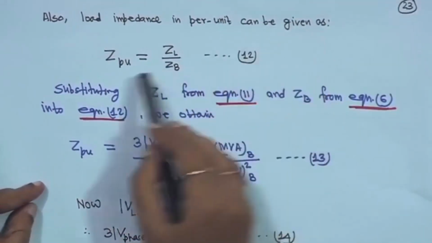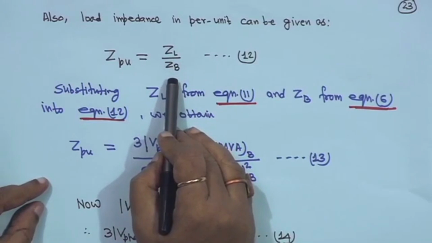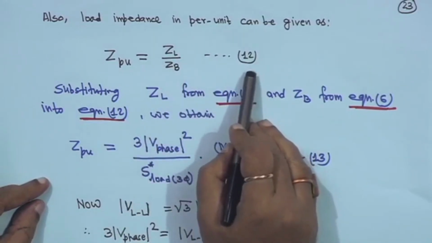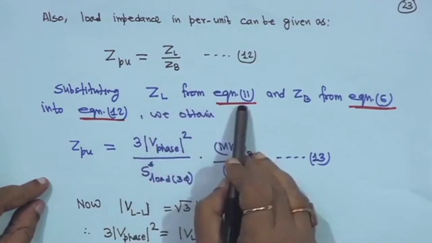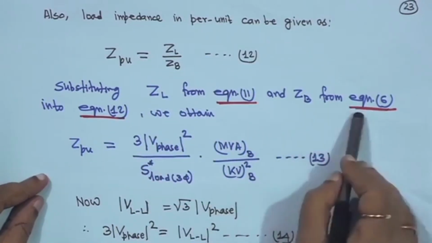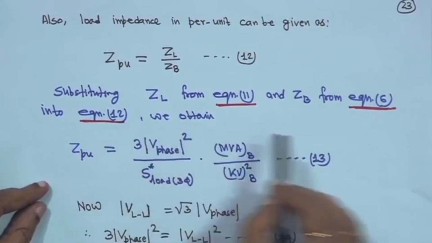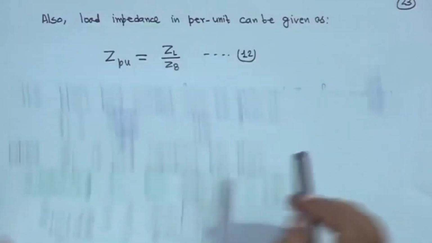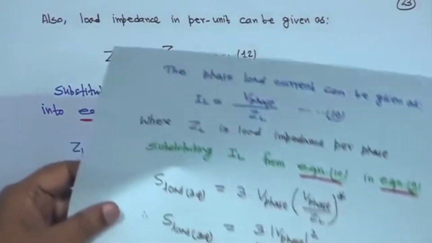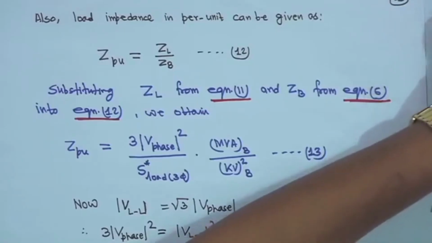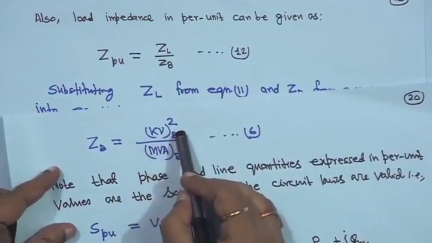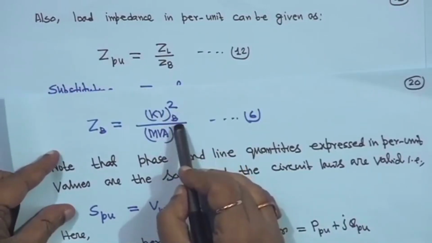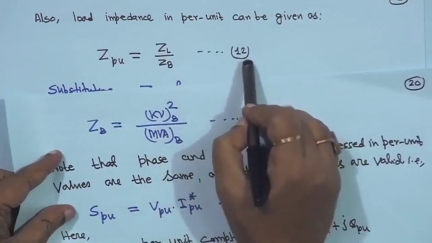Also, load impedance in per unit can be given as ZPU is ZL upon ZB as usual. This is equation 12. Now, substituting ZL from equation 11 and ZB from equation 6 into equation 12. From equation 11 this expression of ZL you substitute here, and from equation 6 this ZB, kV base square upon MVA base, you substitute in equation 12.